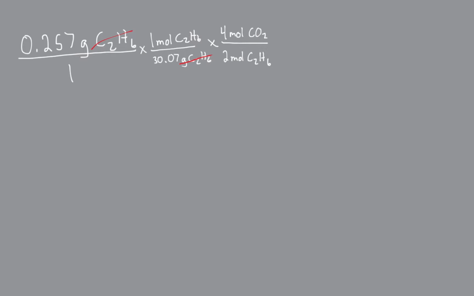But when you're going from a different compound, like here where we're going from ethane to CO2, we're jumping ship in terms of actual compounds, so we need to use something that relates those two compounds together.